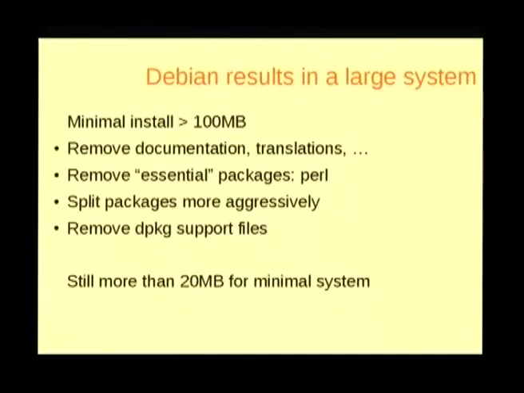And then the dpkg support files: if you're not going to support upgrading using apt-get on your embedded system, then it doesn't make sense to have those support files once you're deploying. So you can basically remove /var/lib/dpkg. With all this, Emdebian is another thing that does it: it makes it possible to remove all these unnecessary things.